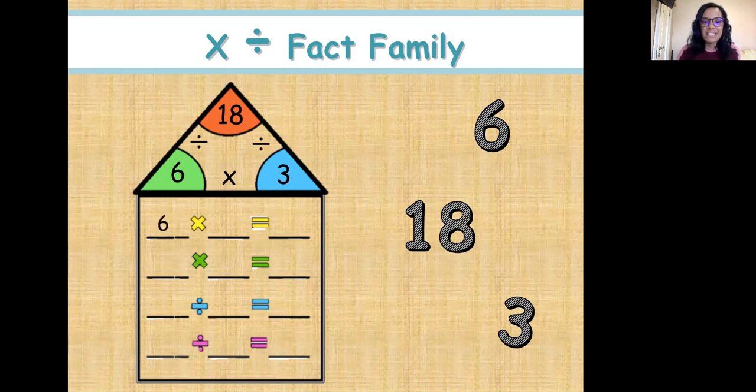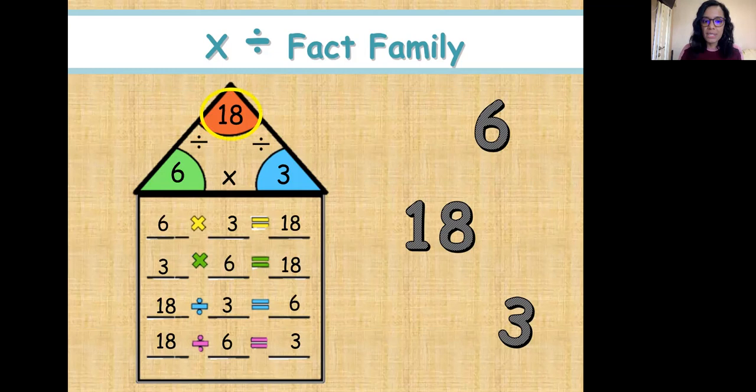We can say 6 times 3 equals 18 is the same as saying 3 times 6 equals 18. And then if we take that and inverse it, turn it around, flip it, we have 18 divided by 3 equals 6 is the same as 18 divided by 6 equals 3, okay?